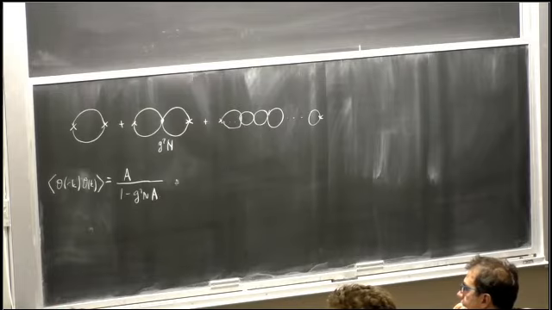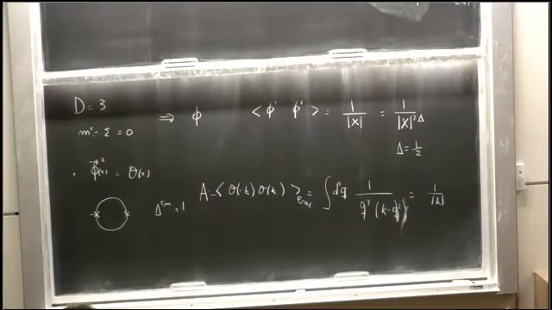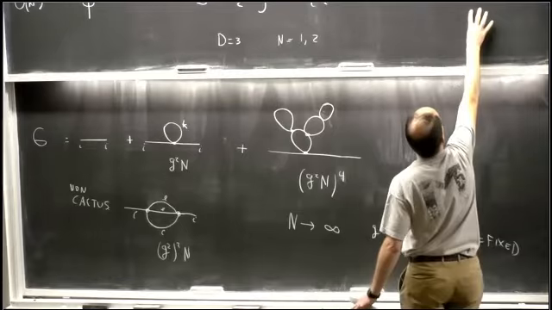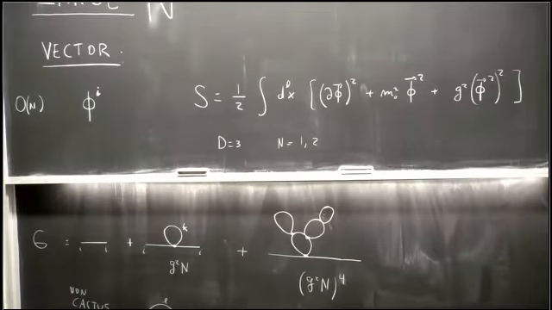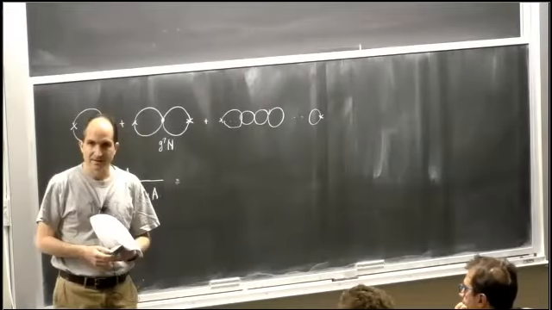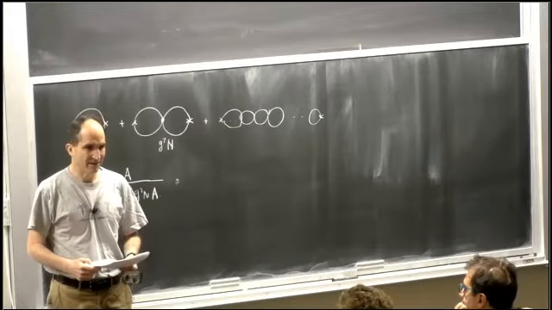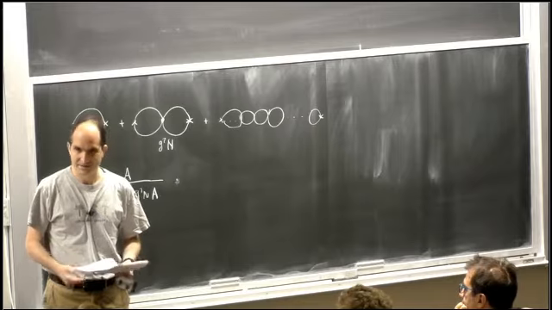So this field phi has dimension 1/2, as computed in the free theory. This interaction has dimension 2, and so this g has dimension 1, so it's a relevant perturbation. And the theory is free, of course, in the ultraviolet and becomes interacting in the infrared, becoming some interacting conformal field theory. That's the so-called Wilson-Fisher fixed point.